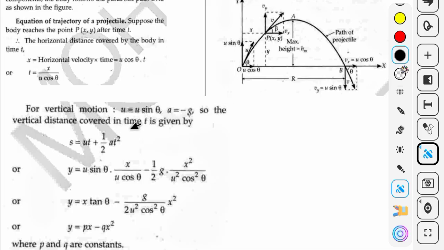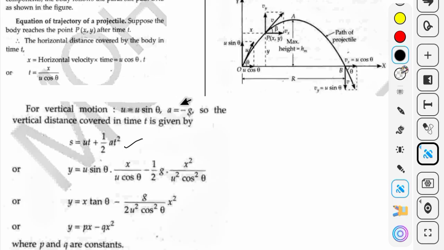So the vertical distance covered in time t will be s equals ut plus half at square, from the equation of motion. Now we put the initial velocity as u sin theta because the vertical component was u sin theta, and time as x by u cos theta, because the time to reach that point will be the same.